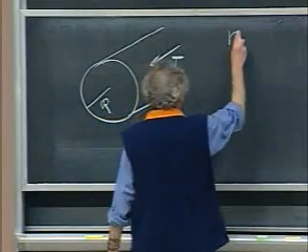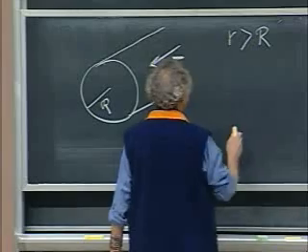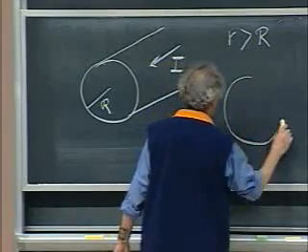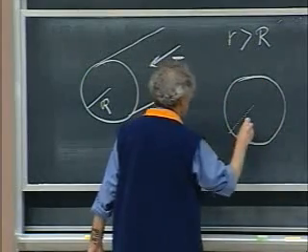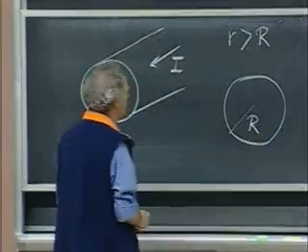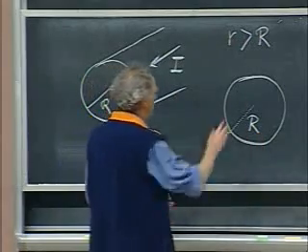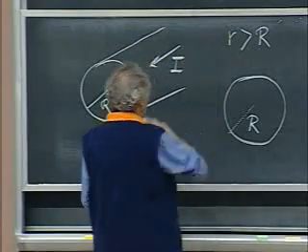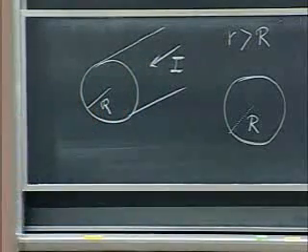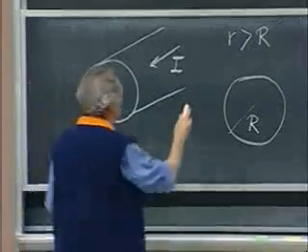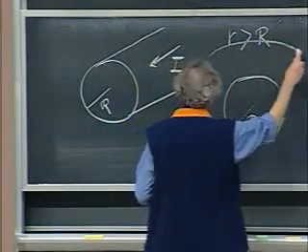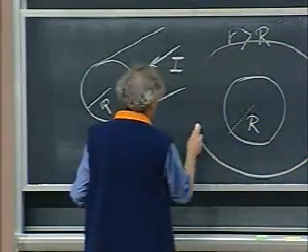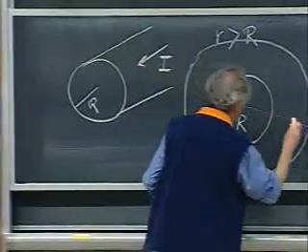Let's first look at radius which is larger than R. And so here we have the cross-section of that wire, radius R. A current I is going through this surface. I now have to choose a closed path. Since we have cylindrical symmetry, it is clear that we would choose a circle with radius little r.